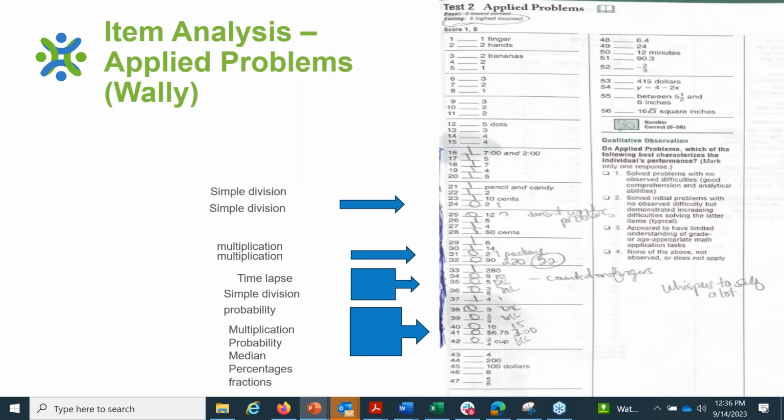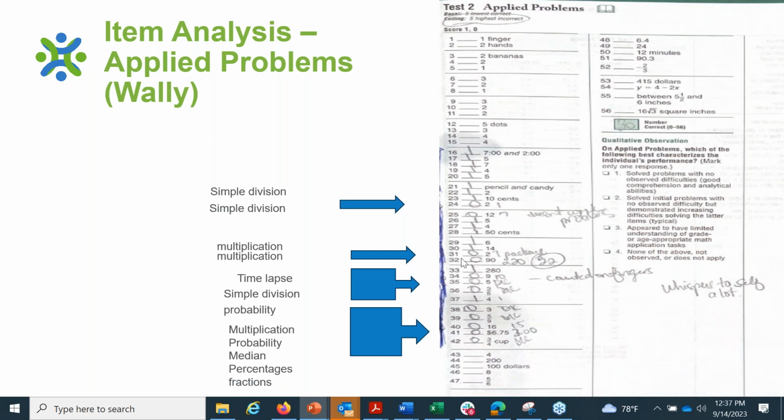And so I did this for Wally. Again, Wally's a real student. I went through and did an item analysis to see, okay, in applied problems, what types of skills did Wally struggle with? And what I found was that simple division was an area of concern for Wally.